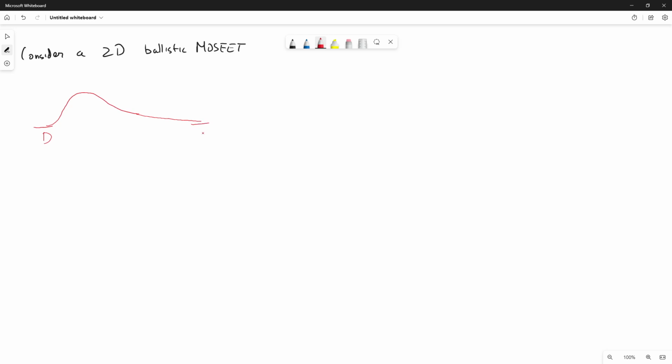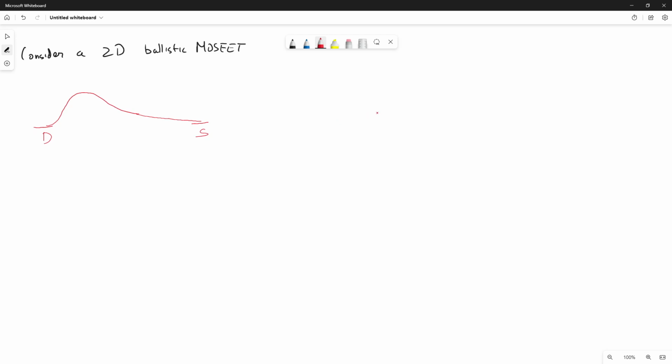Yeah, and this is the source section, and everything in between here is the channel. So is this diagram correct? Assuming VDS is very small. Any comments? Sir, no idea.